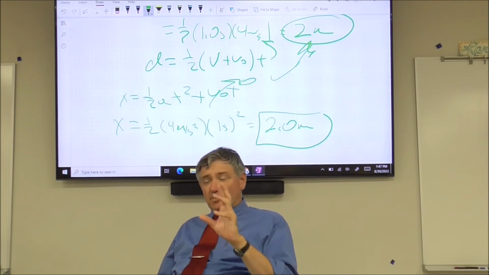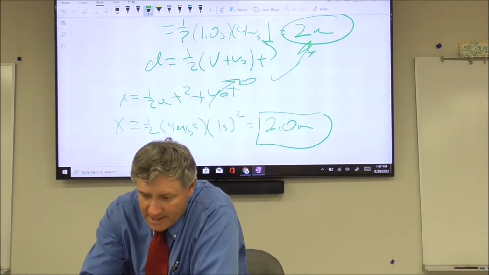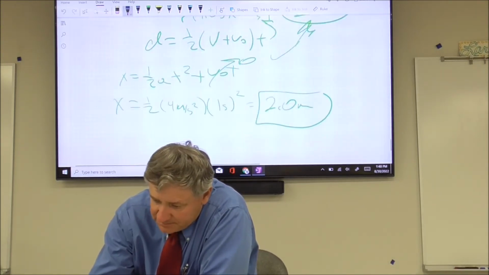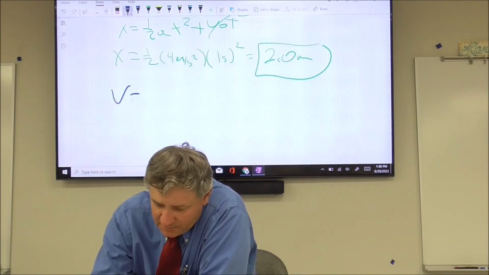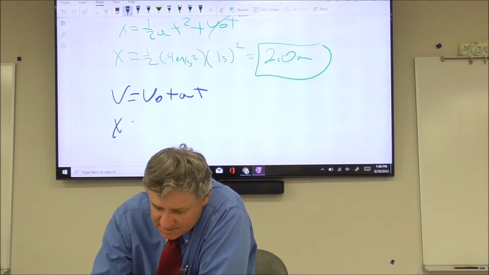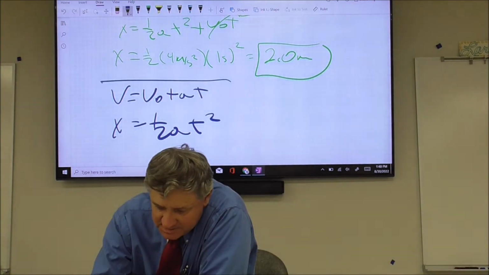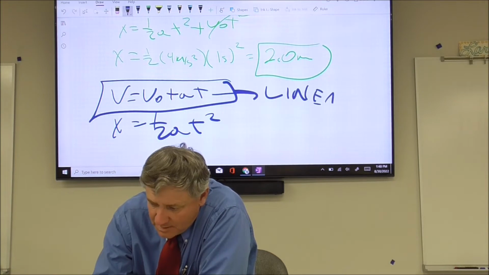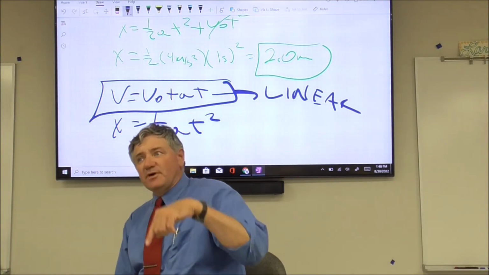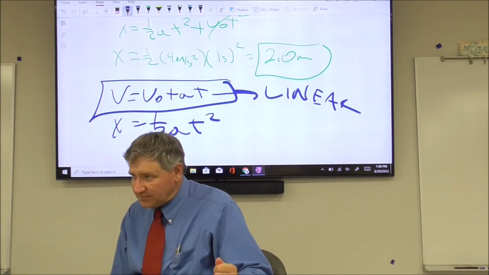But here's what's important, and here's the contrast that I want you to see. We'll do a little compare and contrast. When you look at v equals v naught plus a t versus distance equals 1/2 a t squared, notice that this is just acceleration times time. That makes that a linear function, because your velocity is changing as a linear function of time.